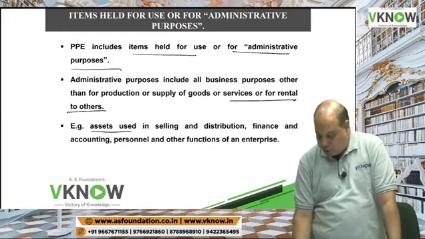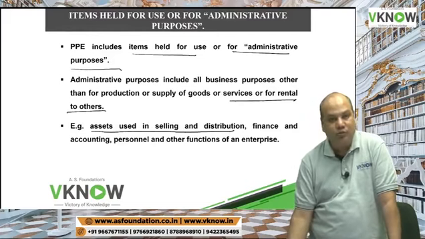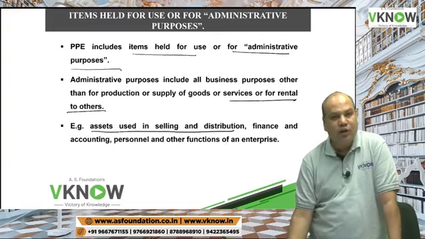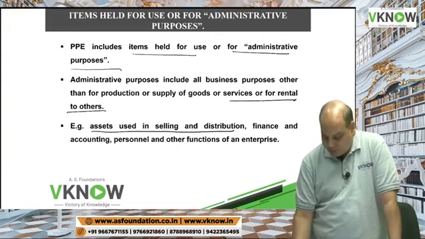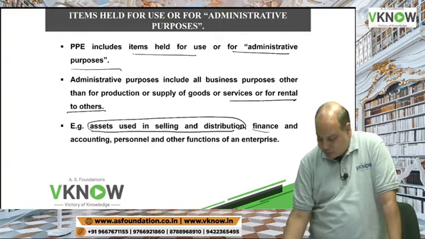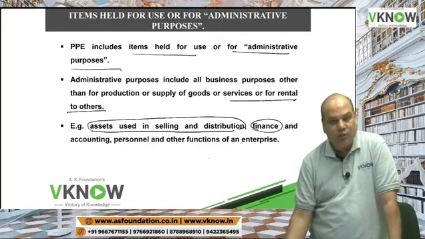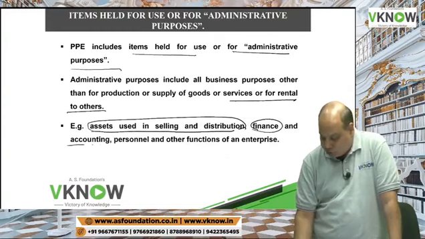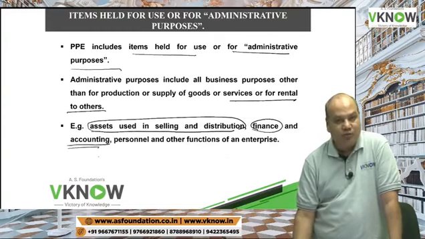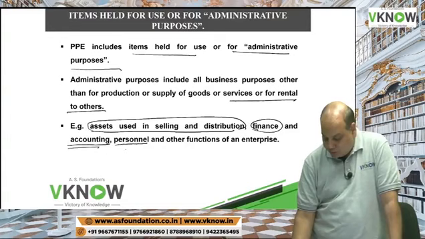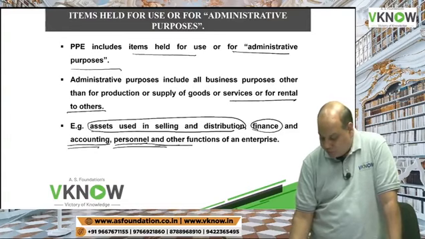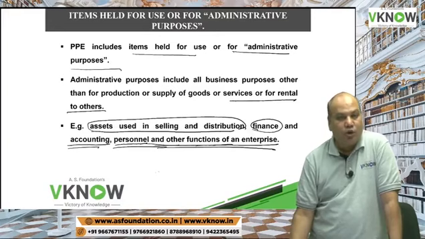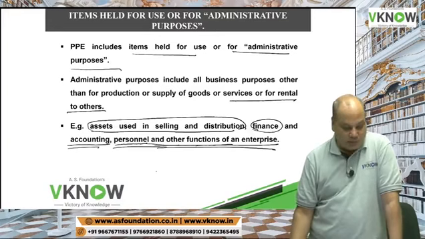Like an asset used in selling and distribution, capitalized as PPE. Assets used in finance, like computers used for calculations, and whatever equipment the accounting personnel require, like the time machine and attendance machine, are all PPE items.